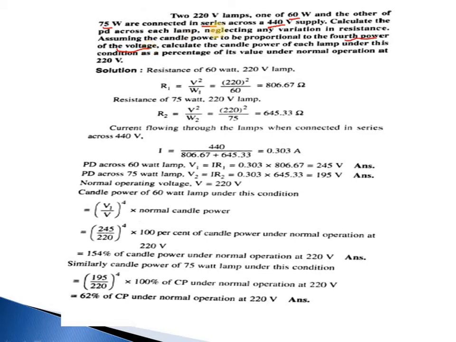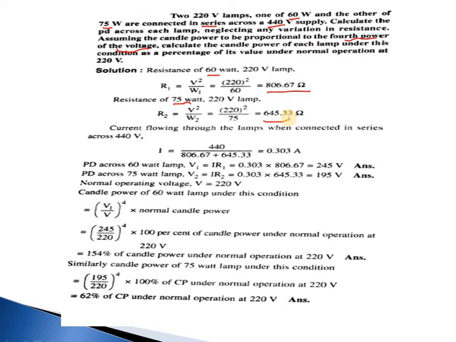For the 60 watt lamp, the resistance will be V squared by P, that means 220 squared by 60, that is 806.67 ohm. Next, we calculate the resistance of the 75 watt lamp, V squared by P, so again 220 squared divided by 75, that is 645.33 ohm.